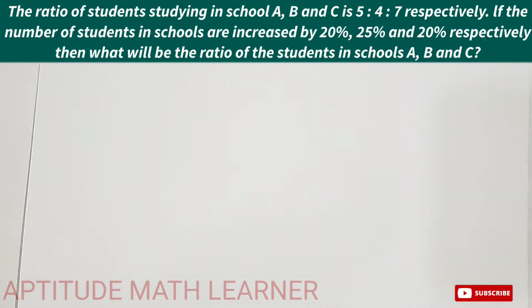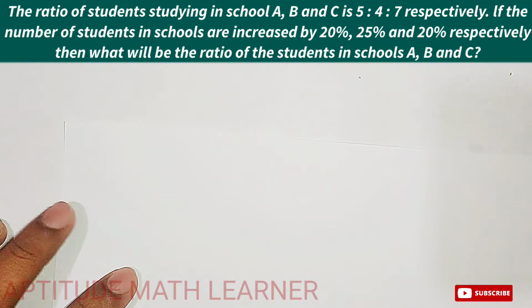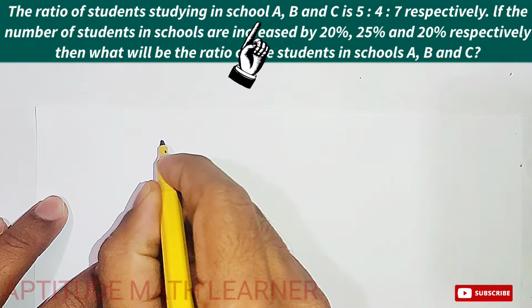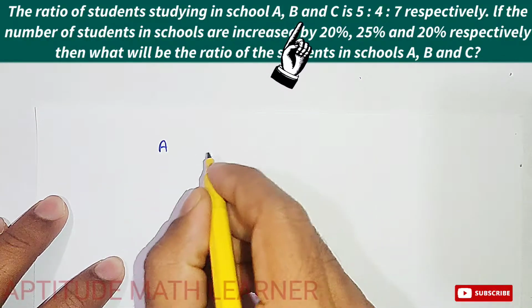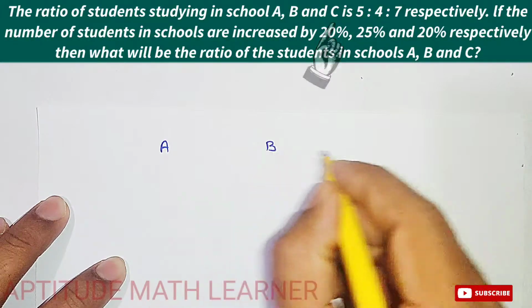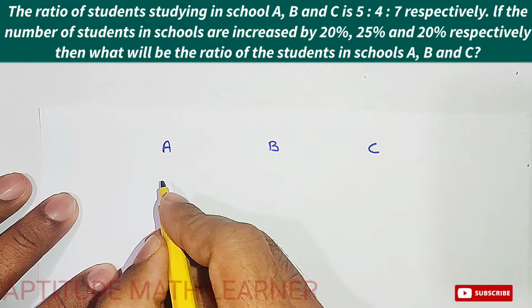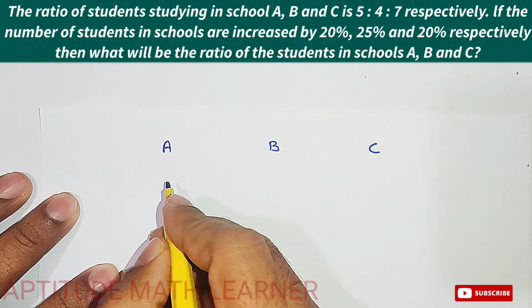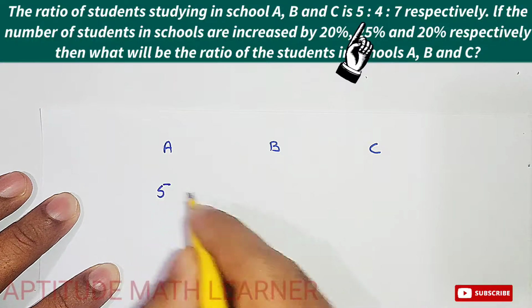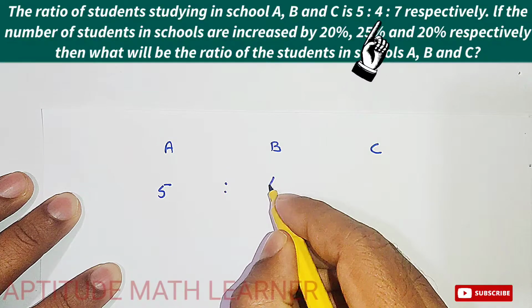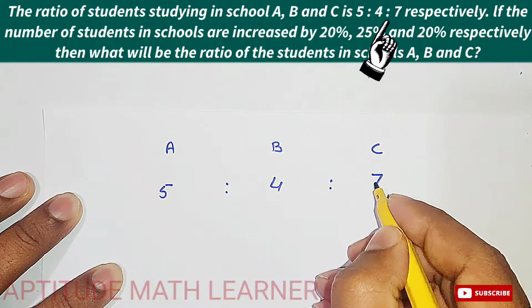So it is a very easy question, but you have to follow the method. Here we have three schools. Let's take this as school A, this as school B and this as school C. The number of students is in the ratio 5:4:7.